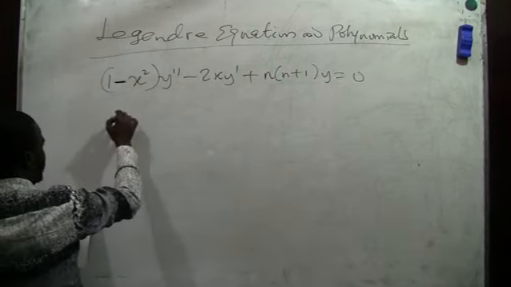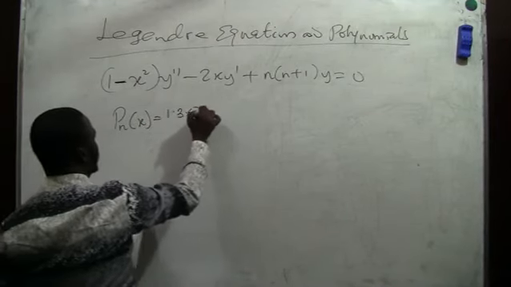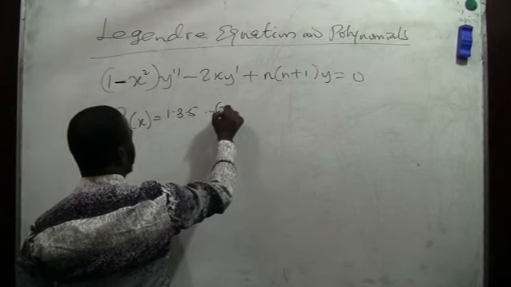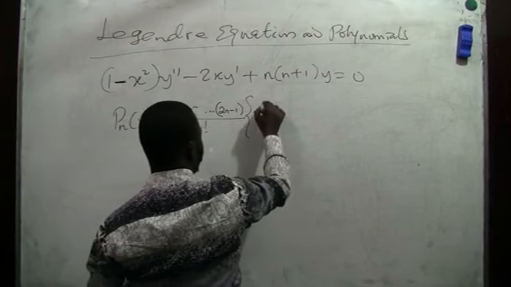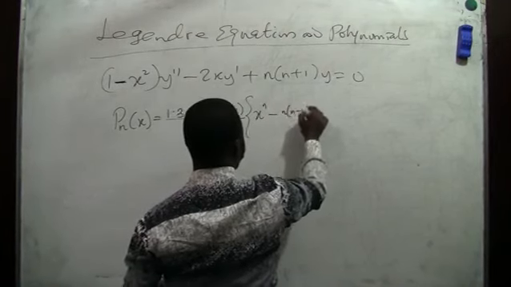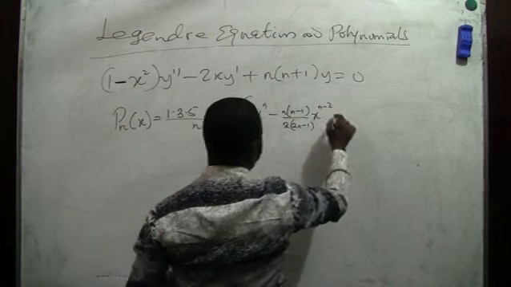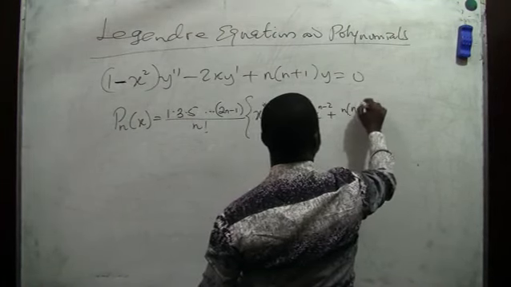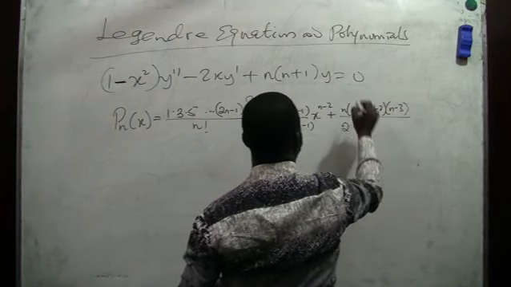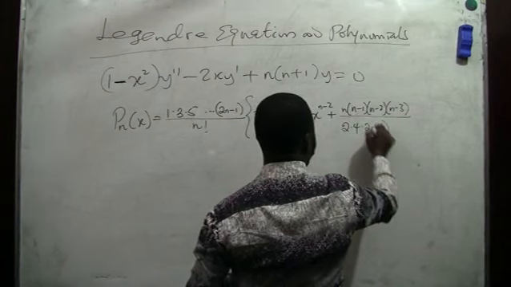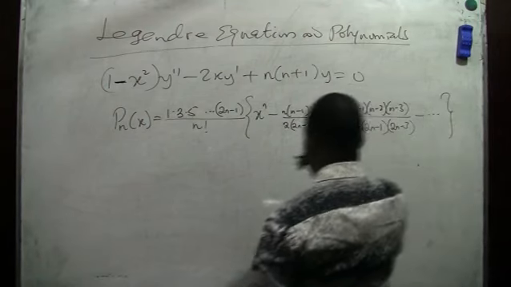And that one of its solutions, the Legendre polynomial of the first kind, is given as 1 multiplied by 3 multiplied by 5 up to (2n minus 1) divided by n factorial, into bracket x to the power n minus n(n minus 1) divided by 2(2n minus 1) x to the power n minus 2 plus n(n minus 1)(n minus 2)(n minus 3) divided by 2 multiplied by 4 multiplied by (2n minus 1)(2n minus 3) x to the power n minus 4, and it continues.